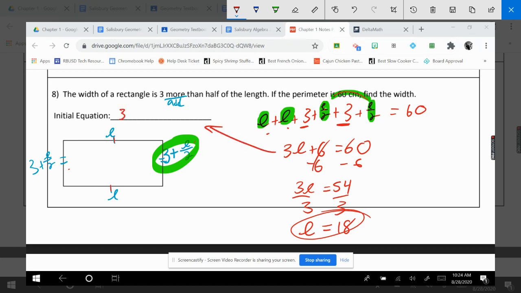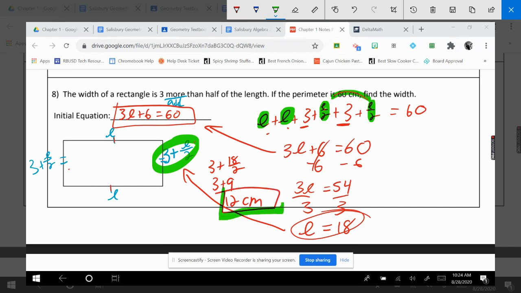We'll make the simplified version. 3L plus 6 equals 60. Okay, find the width. That's my width. So 3 plus 18 over 2, substitute the length with 18. Half of 18 is 9. And then 3 plus 9 is 12 centimeters for our width. And that's it.